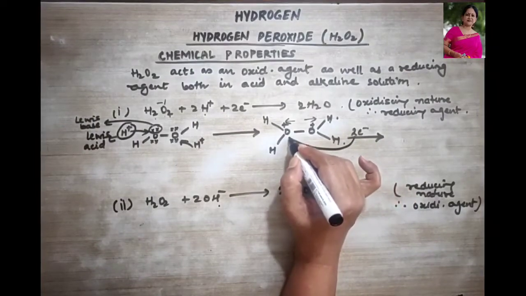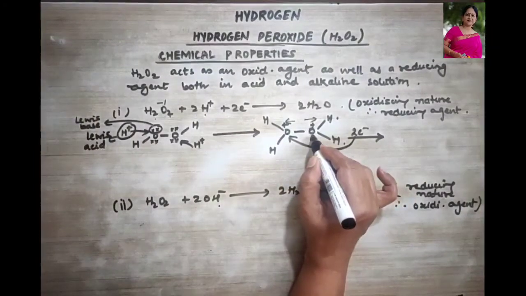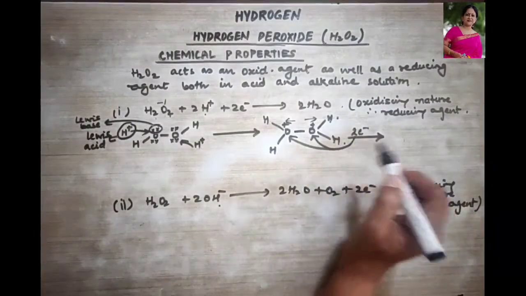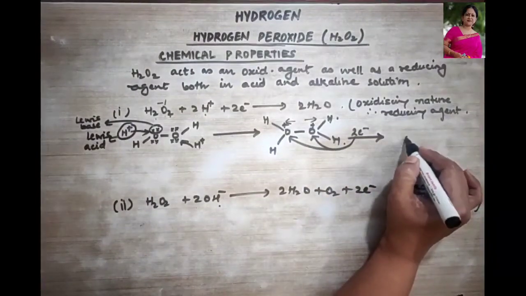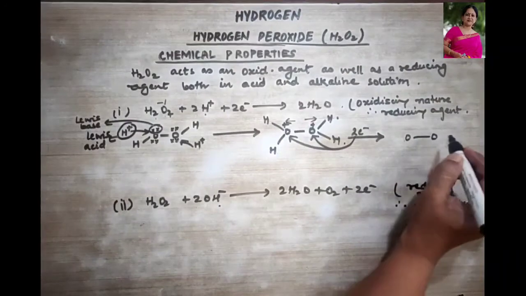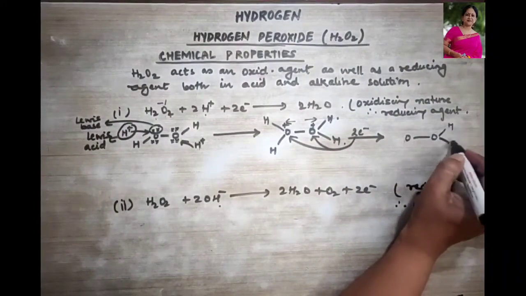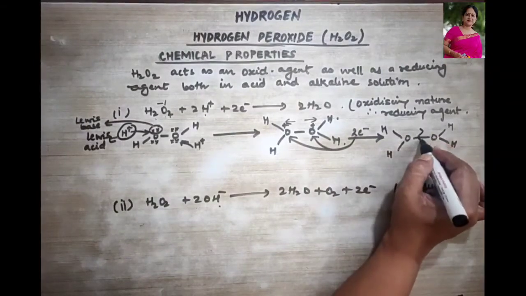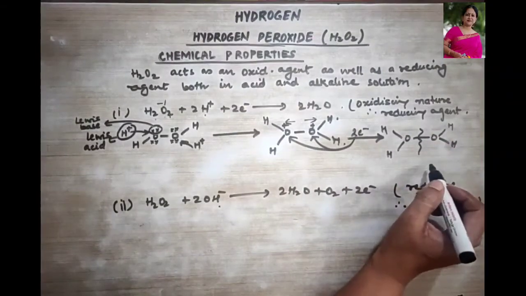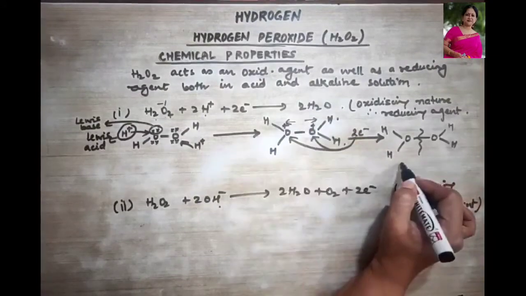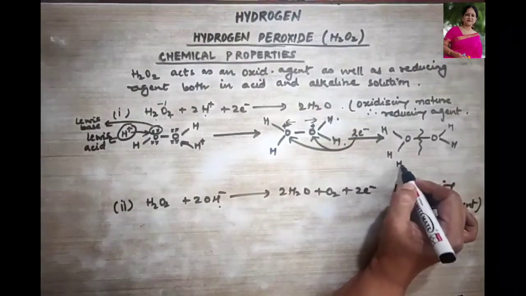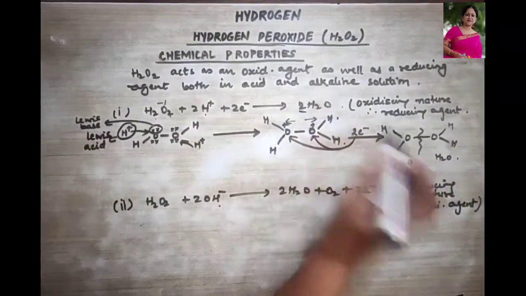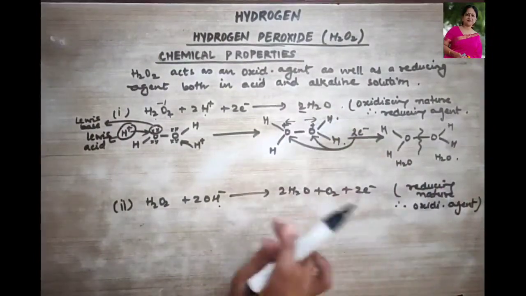One they will take from this oxygen and the other electron from the other oxygen, and hence a homolytic fission takes place. Then what is formed? Hence 2 molecules of H2O, that is 2 molecules of water, will be formed here.